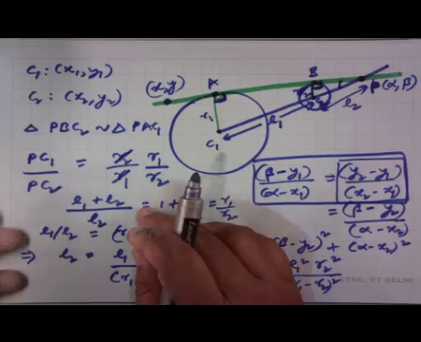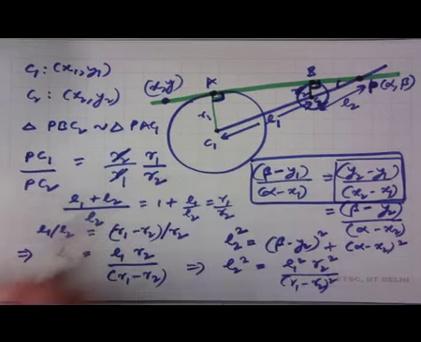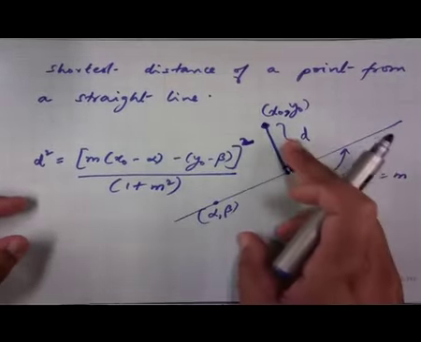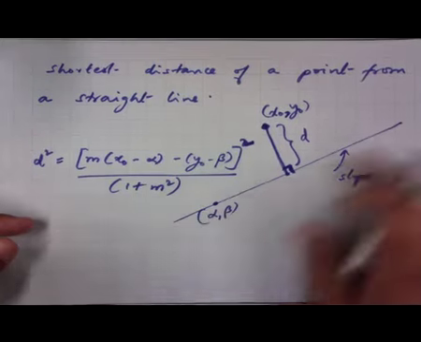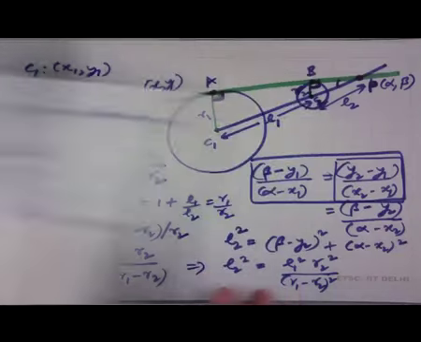What we see is that this is where the very first result that we saw on the first few slides, which was about the shortest distance of a point from a given straight line, is going to be very useful.